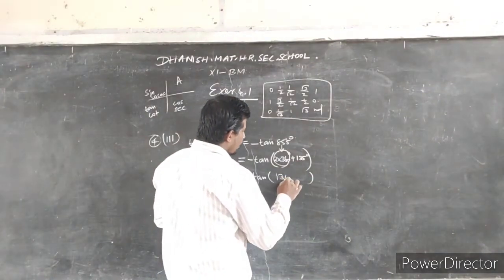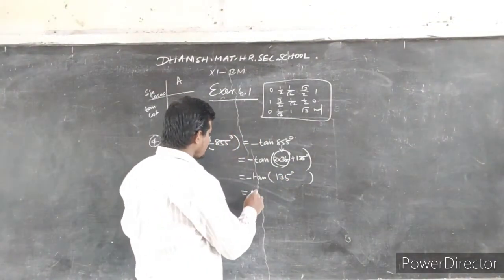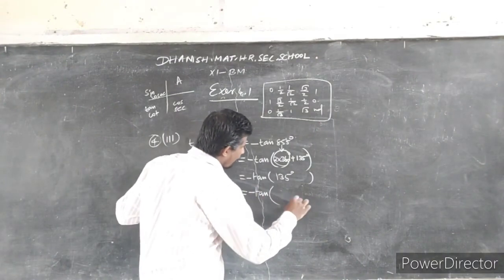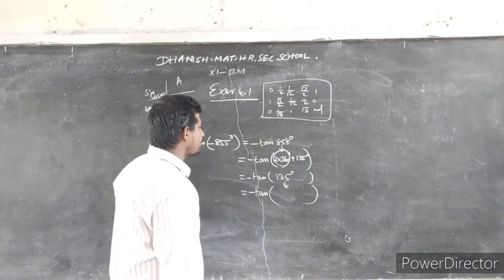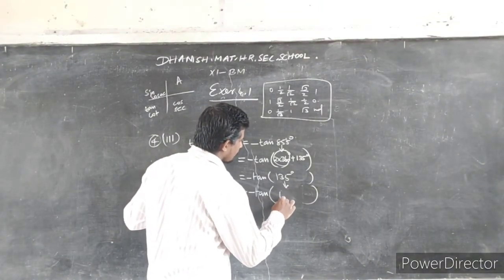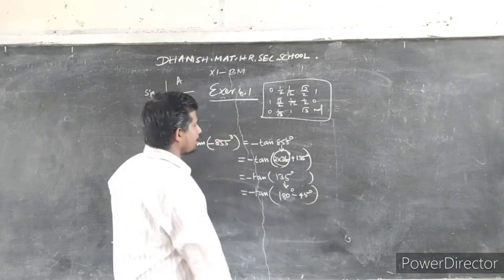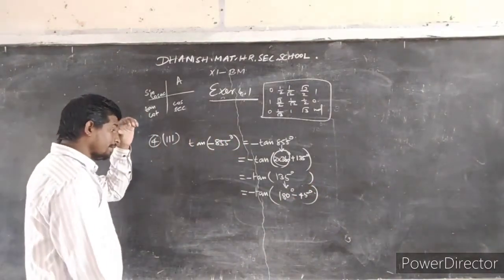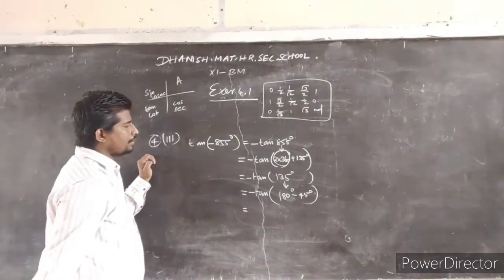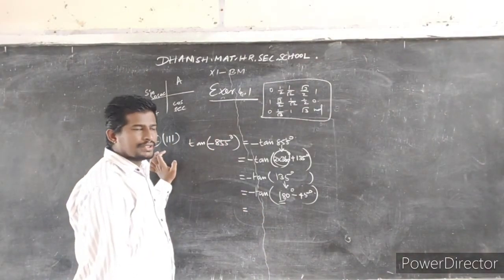Then what is the remaining? 135 degree. So this is equal to minus tan of 135 degree, which can be written as 180 minus 45. Here we are having 180, so there will be no change in the ratio.